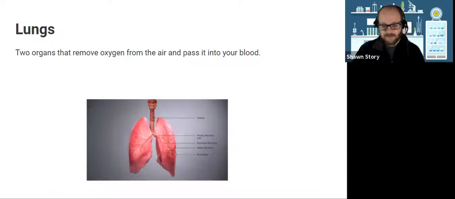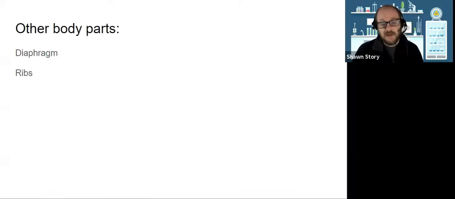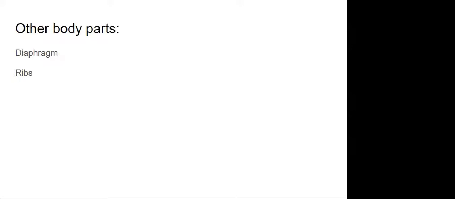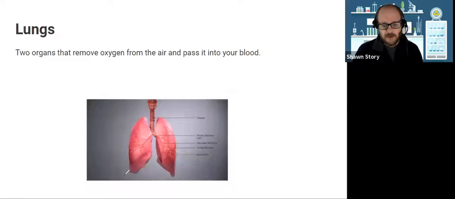I didn't know that. All right, other body parts with breathing. We often talk about the diaphragm and the ribs affecting our respiratory system. What is our diaphragm? Do we know our diaphragm? Does it help with our breathing? It is a muscle that stretches all the way across here.